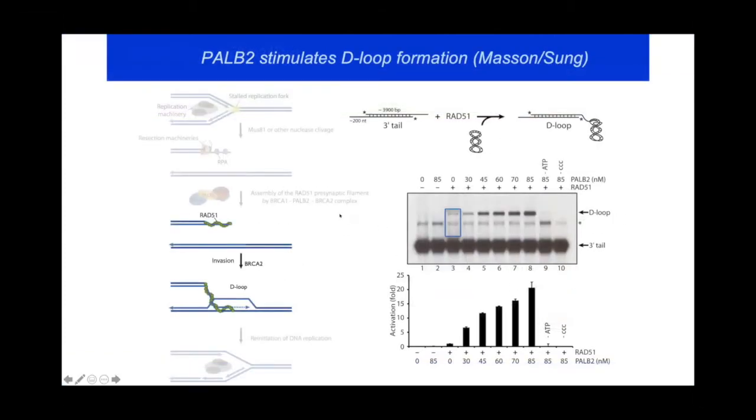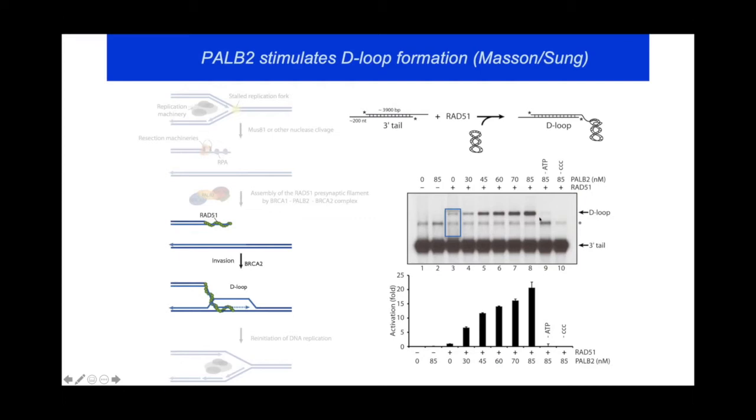We have shown actually that we could reconstitute the D-loop formation structure here using purified DNA duplexes. So here we have resected 3' tail molecules, which are labeled at their extremities, and we know that when we add Rad51 in and also a homologous duplex, Rad51 is able to create these D-loop structures.